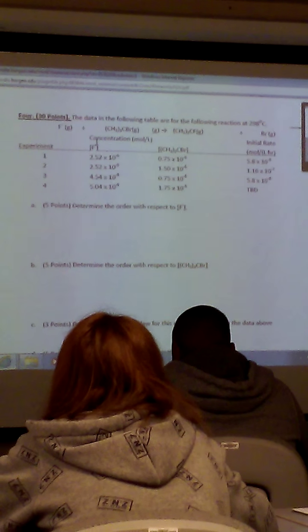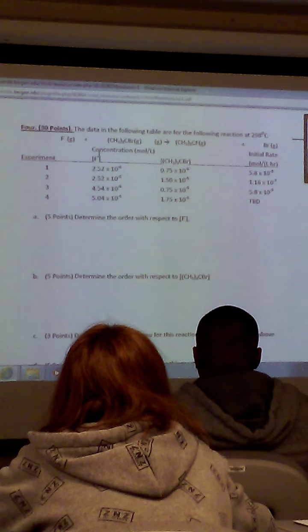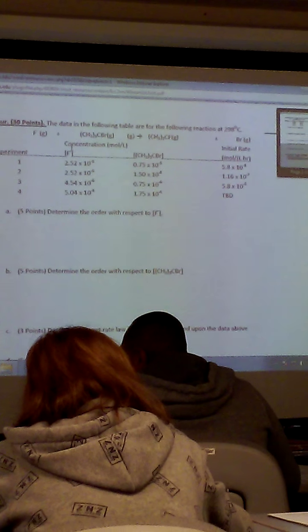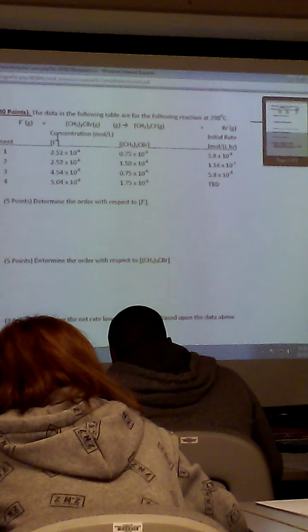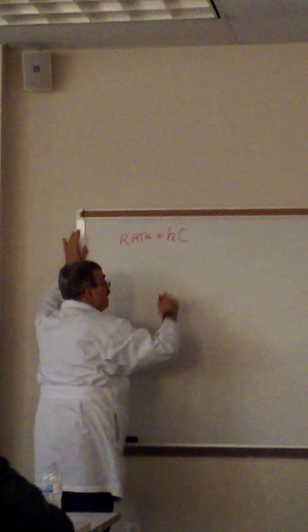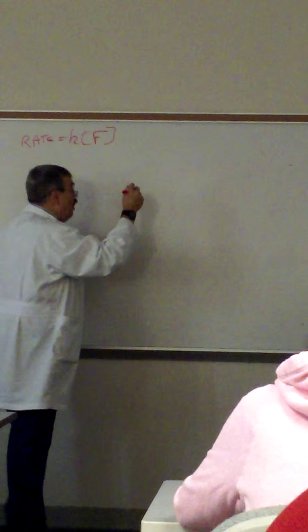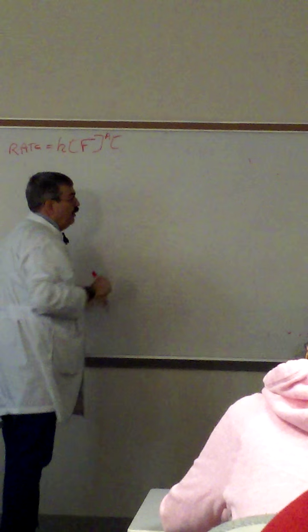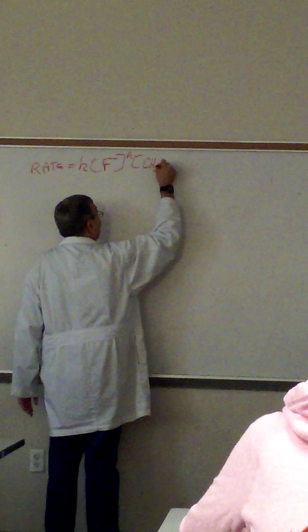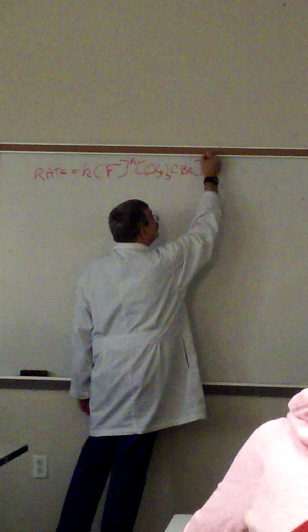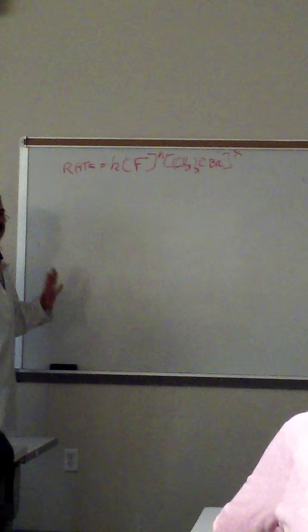All right, first thing, determine the order with respect to F. What's the first thing you should put down? The rate law, the rate expression. Rate is equal to K times F to the A, times the alkyl halide C3Br.